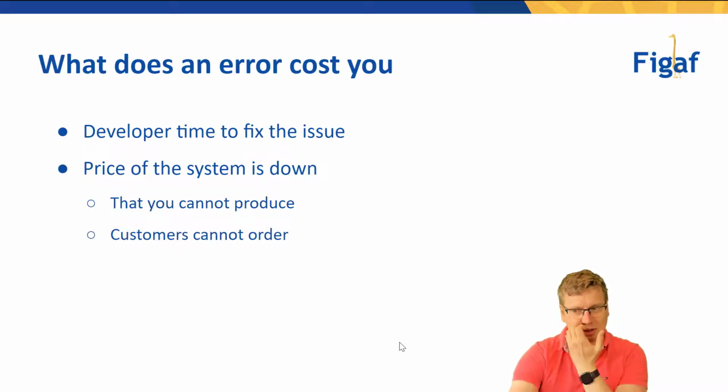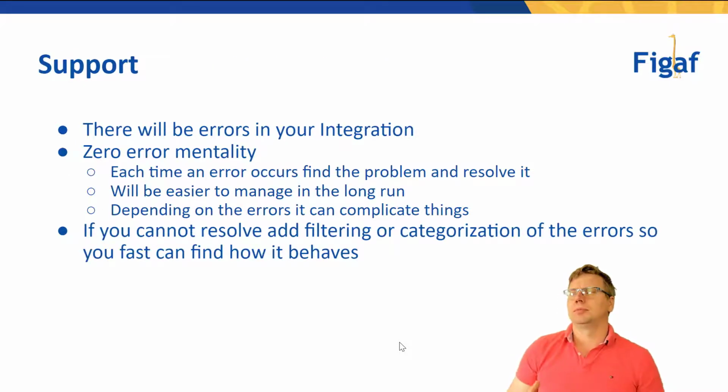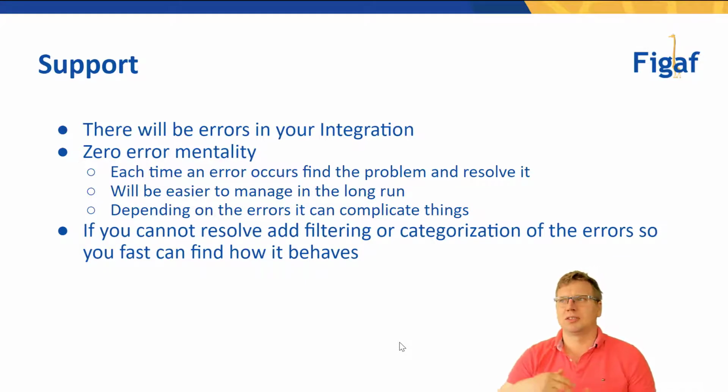Where do these things come from? So there's obviously the support process that you must have in place, and I guess there will be errors. Otherwise, you'll probably be spending too much time up front on trying to figure out all the possible errors that could come.